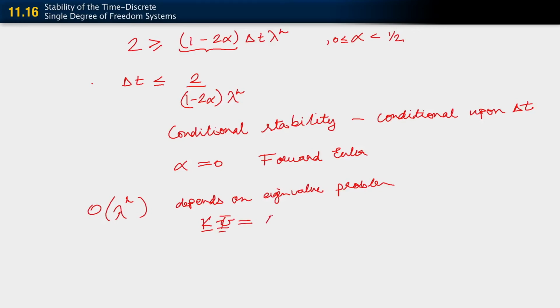K psi equals lambda h m psi. Now, what this suggests is that the order of lambda h is of the sort of terms that are like m inverse k, right? So it's of the order of the norm of terms in m inverse k.